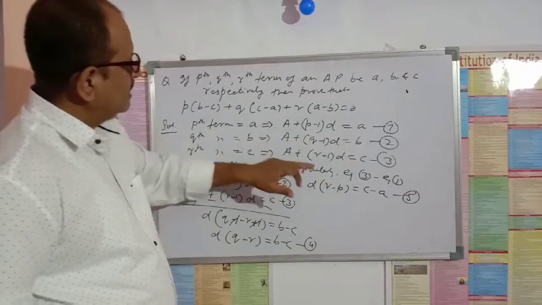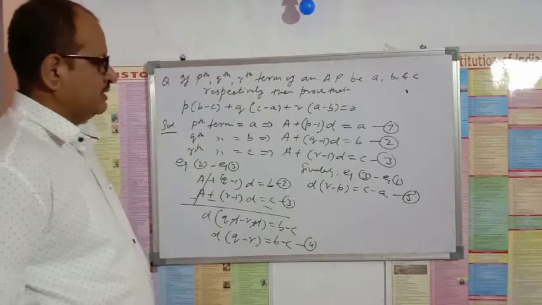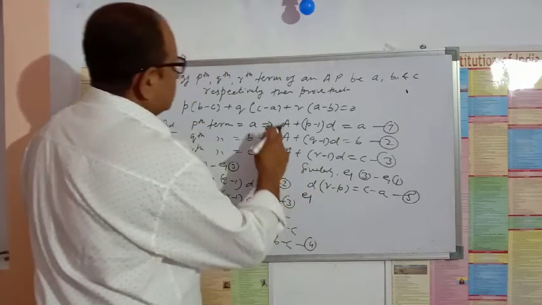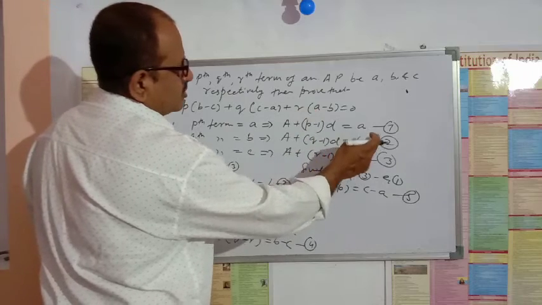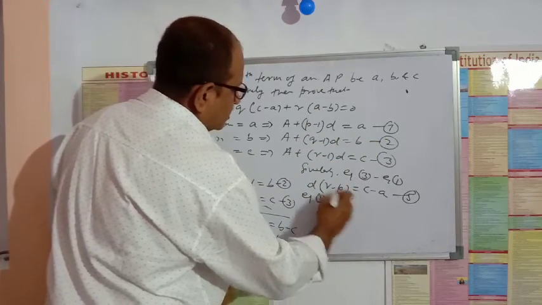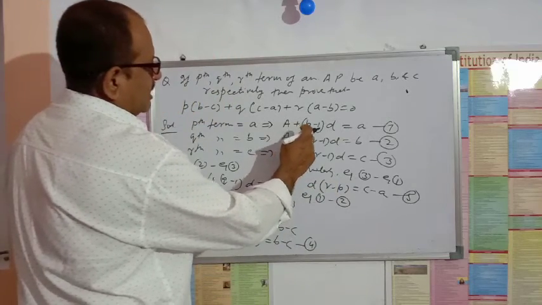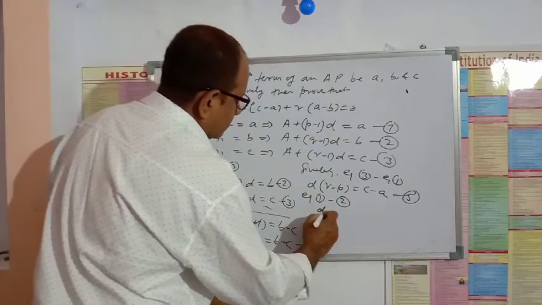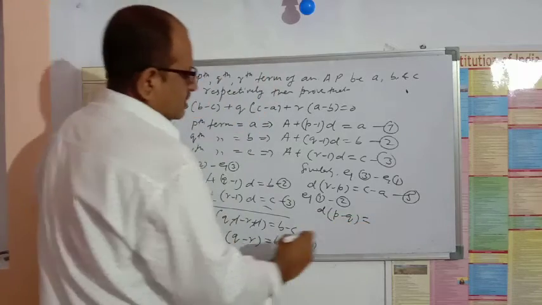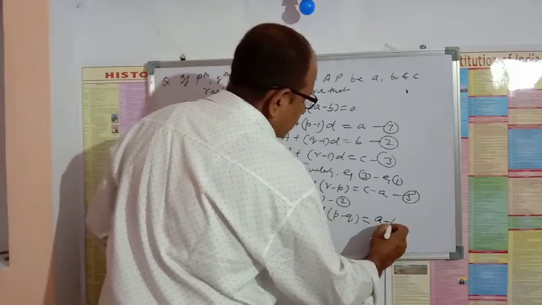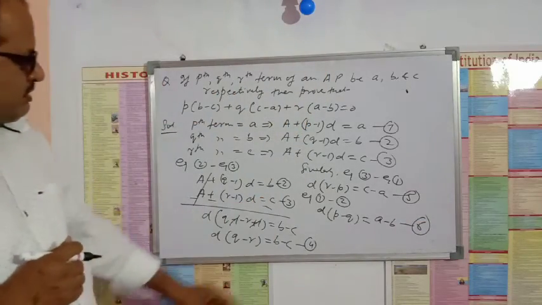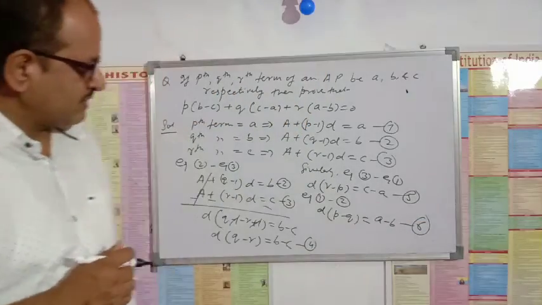And next one, a minus b. So equation 1 minus 2. So we will get d into (p minus q) is equal to a minus b. So these are the fourth, fifth and sixth equations.